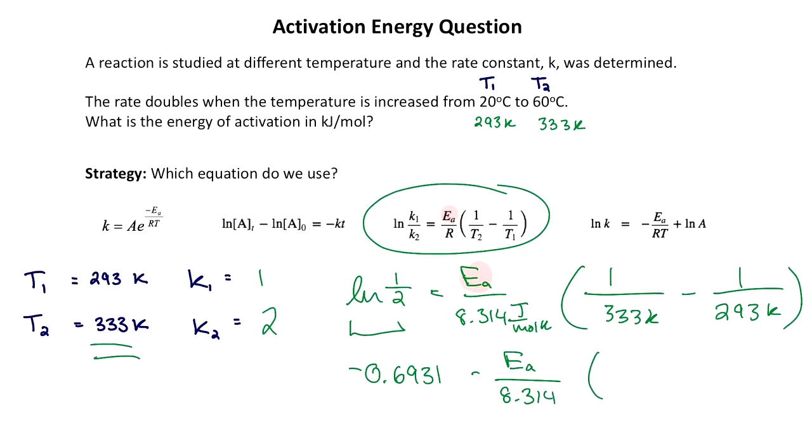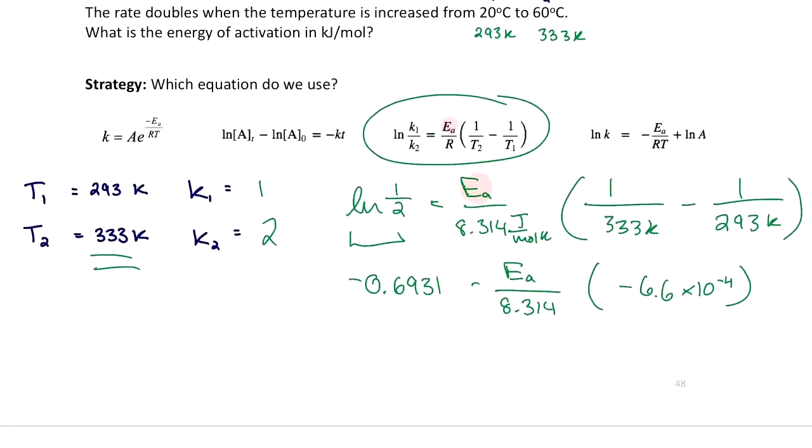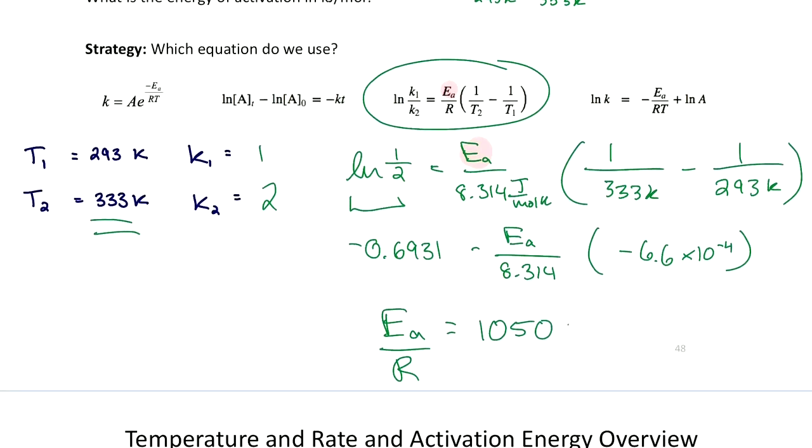In the parentheses, that number is negative 6.6 times 10 to the negative 4. All right, so move everything around and we get that activation energy over R, that value is 1,150.